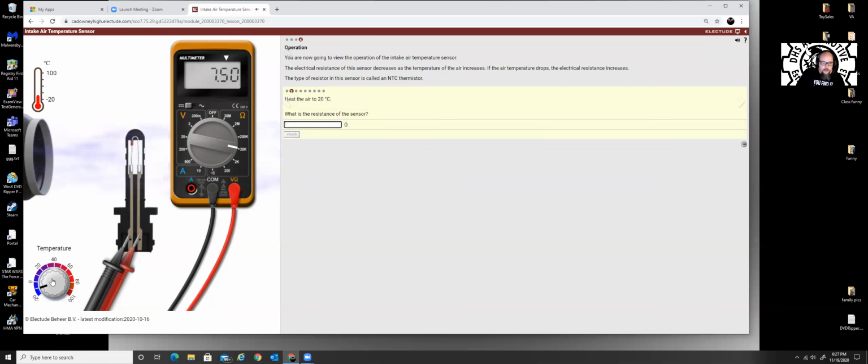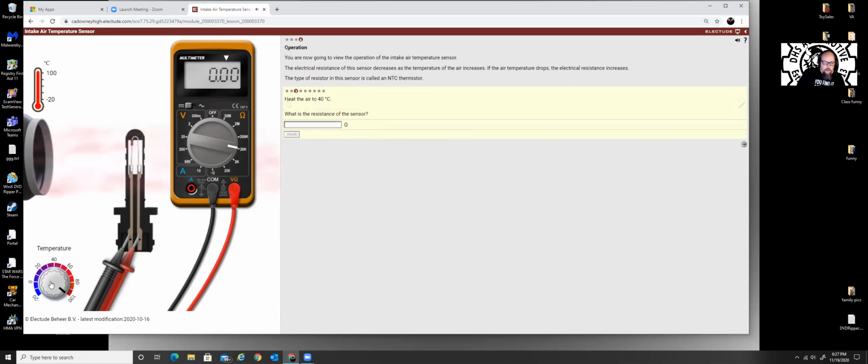Heat the air to 20 degrees. Notice that the resistance went down. Okay, that's what? 2.00 thousand ohms, because it's in the kilo ohms range. By the way, this is going to get a little obnoxious with the way this thing does it.